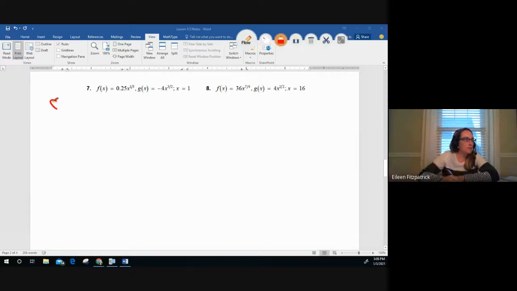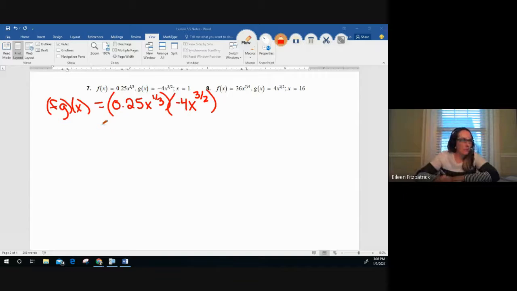So again, I'm first going to take f times g of x. So I have 0.25x to the 1/3 times negative 4x to the 3/2. All right, so you can rewrite this in any order. So I'm going to rewrite 0.25 as 1/4, just makes the math a little easier for me.